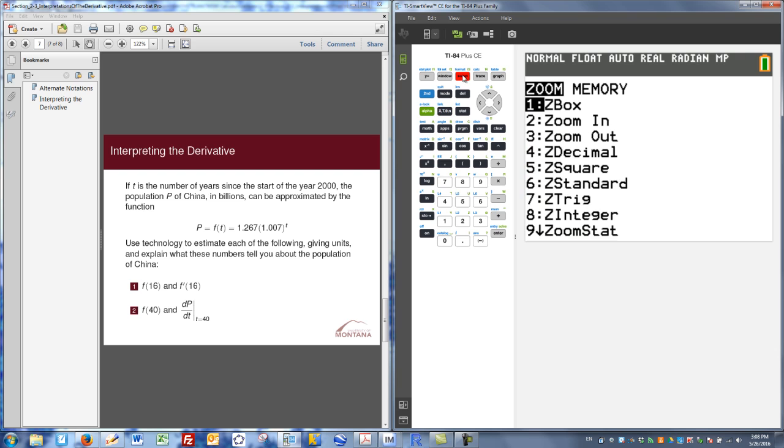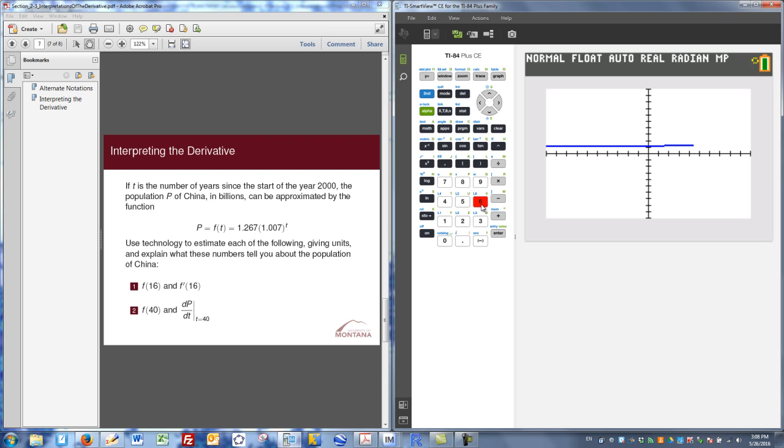I'm going to hit zoom standard, so that's a zoom 6 to get us started. You can see the function comes in pretty low there. It looks like all the change is happening between 1 and 2, which I guess makes sense. This is an exponential function with a y-intercept of 1.2 and a growth rate which looks to be very small, 1.007 compounding every t years.